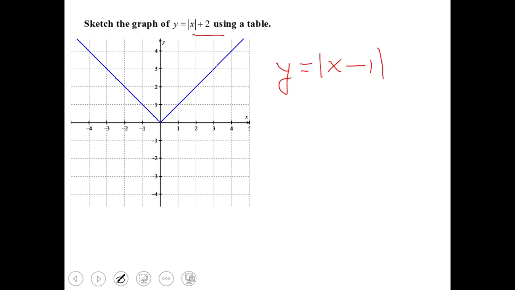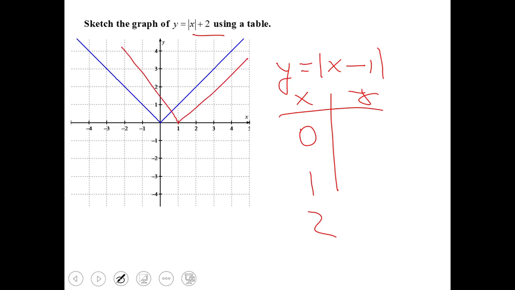Whenever you see something like that, the graph will move right. Okay, you can use a table also, but just a piece of advice, the table should start with 1 and then go to 0 and 2, and you're gonna get a nice V. It's gonna be moved to the right 1 unit.